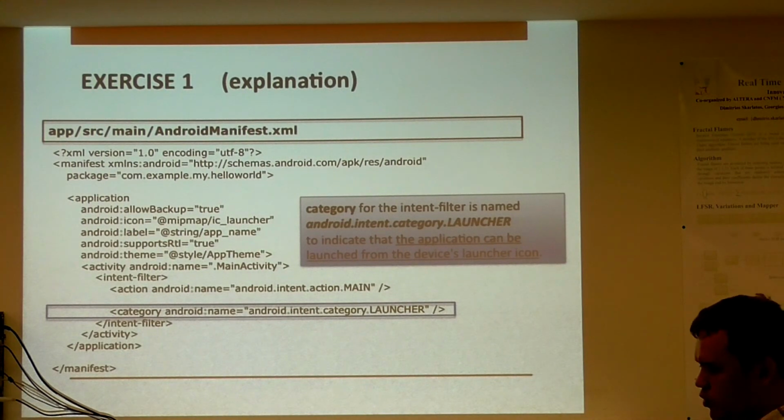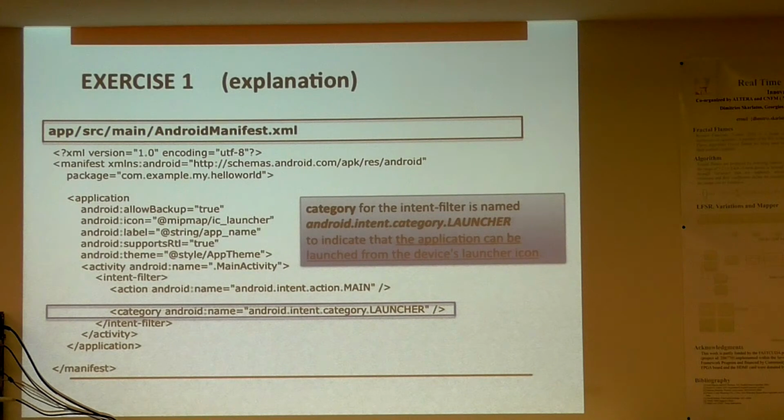Another thing, we want to click on some icon and we want to start this application. So maybe if we click on this icon, something should happen before our application appears in the window.